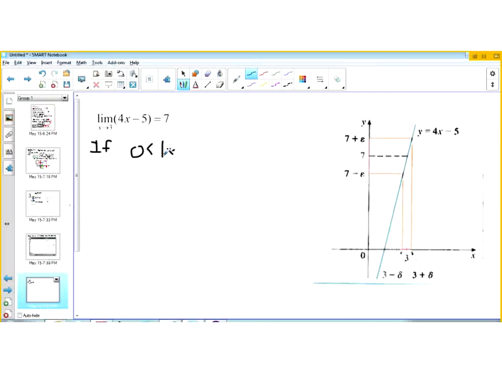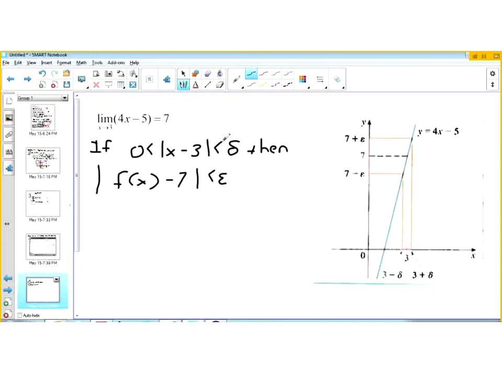If x is a delta distance from 3, then our output f of x minus 7, for the given choice of x, will be an epsilon distance from 7.